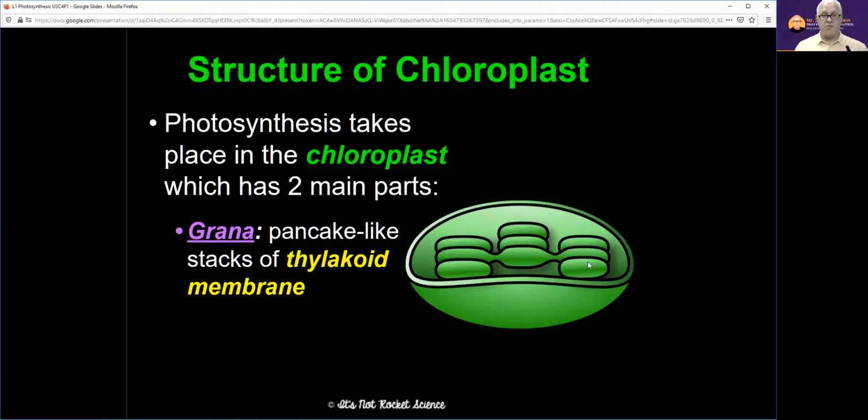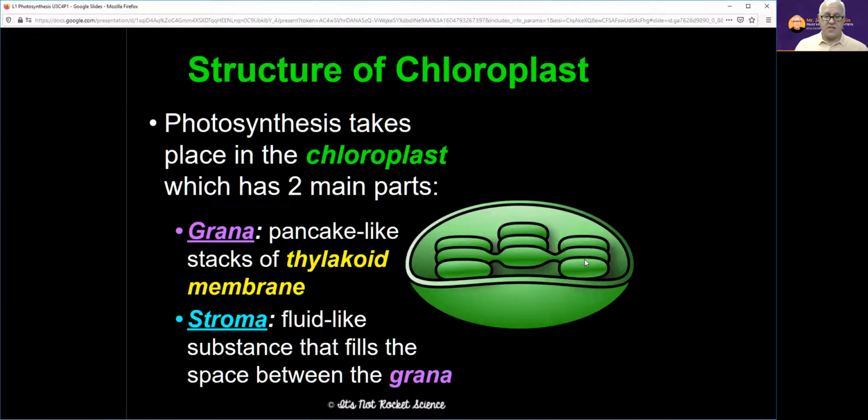And remember, a membrane allows things in and things out. The second part of the chloroplast, where photosynthesis takes place, is in a fluid-like substance that's called the stroma.